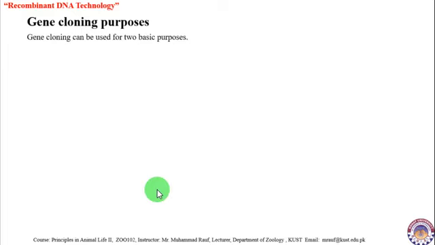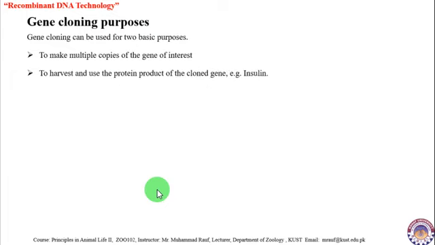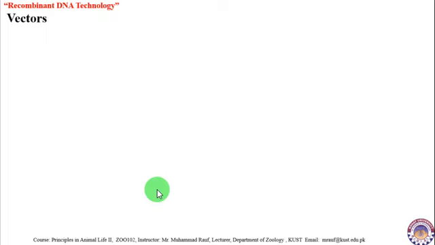Cloning purposes: gene cloning can be used for two basic purposes: to make multiple copies of the gene of interest, and to harvest and use the protein product of the cloned gene, such as insulin.